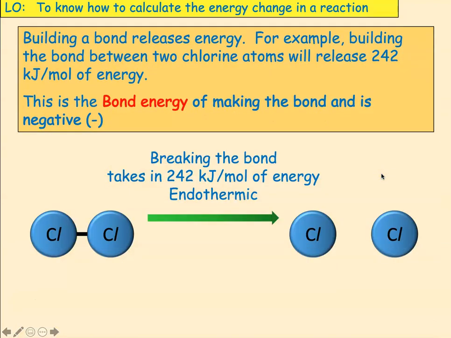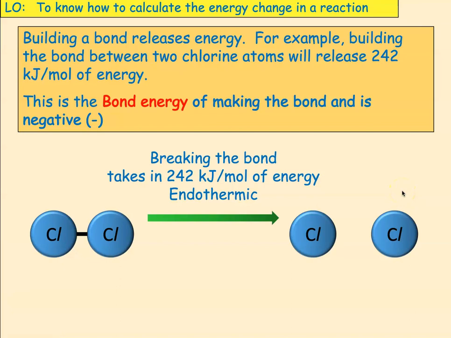Okay, so building a bond releases energy. It's the opposite. So if we had 2 atoms of chlorine and we wanted to make a molecule, it would give us the same amount of energy that we put in to break it, 242 kilojoules per mole.